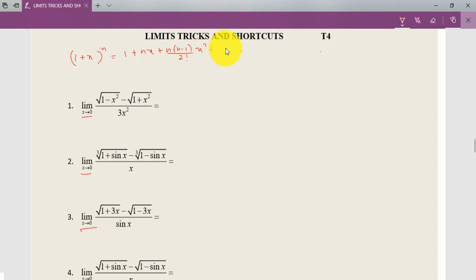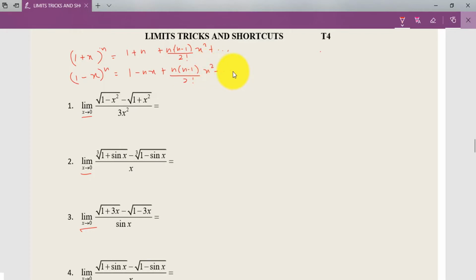Only 3 dots I will take. And 1 minus x raised to n is 1 minus nx plus n(n minus 1) divided by 2 factorial x square minus, and so on.